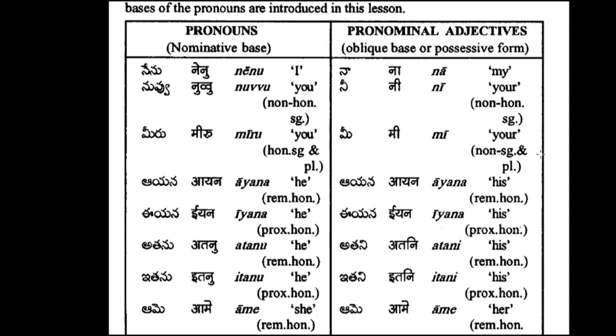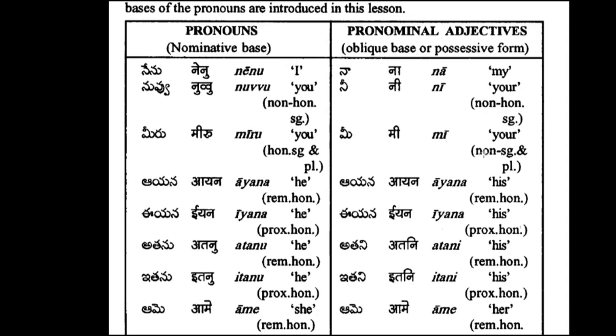Honorific singular and plural. Okay, not non, HON, honorific. Here, for non-honorific, see, instead of hon, they typed non only, so it is wrong. Okay. So this is non-honorific singular, ni.